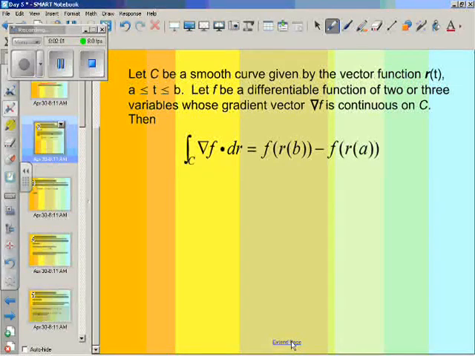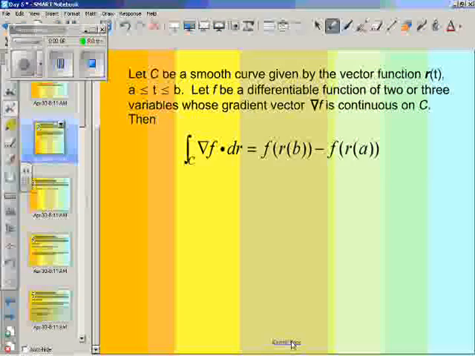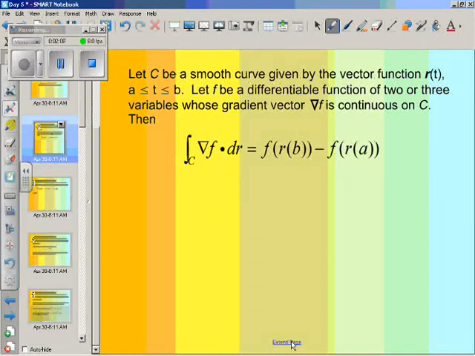In other words, all we have to worry about if we have a gradient vector field and we're taking a line integral through it is this. Remember, ∇f is a gradient vector field.